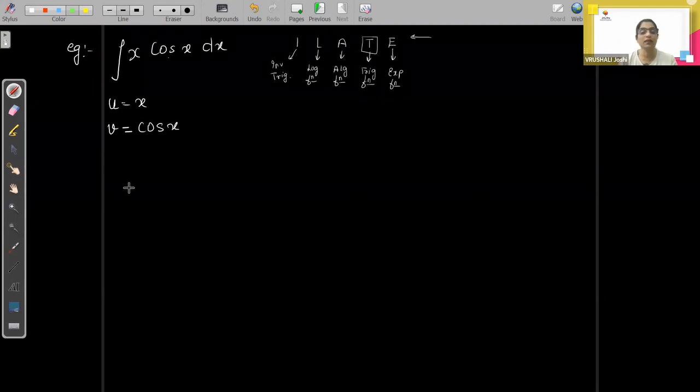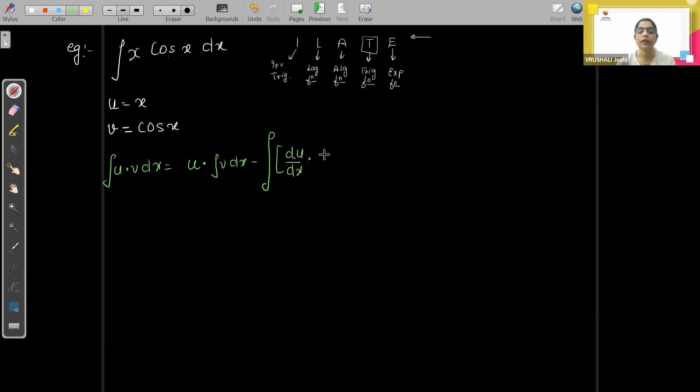Just say it exactly the way I'm saying it right now, which is integration of u v dx is equal to first function as it is into integration of second function, minus the whole integration of derivative of the first function into integration of the second function, the whole dx.